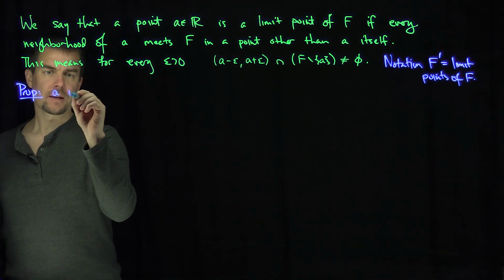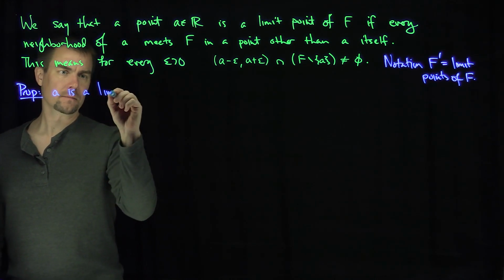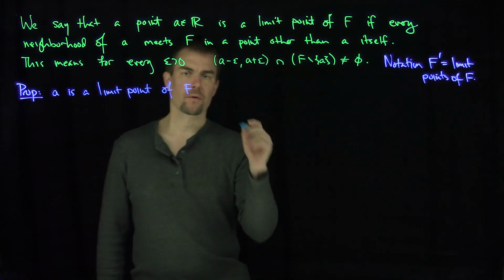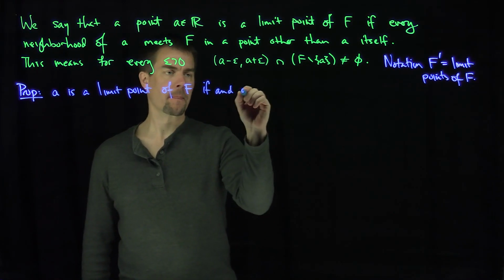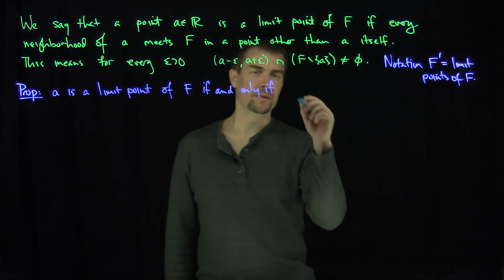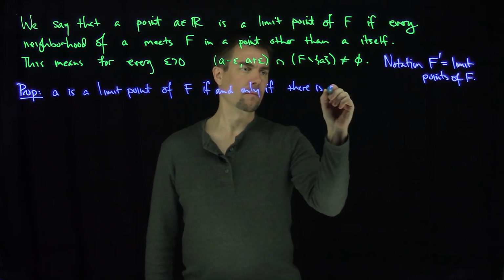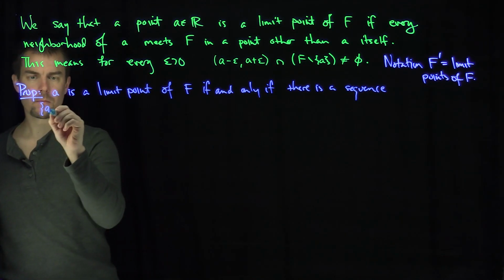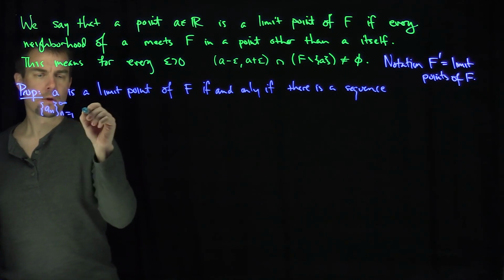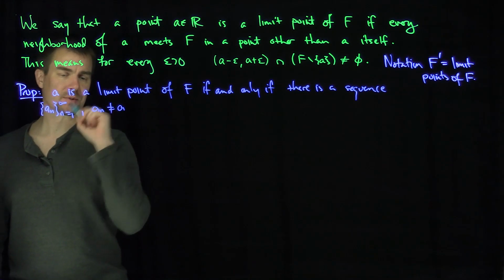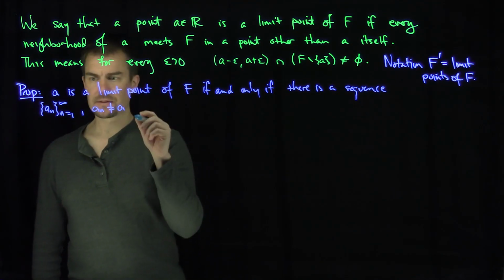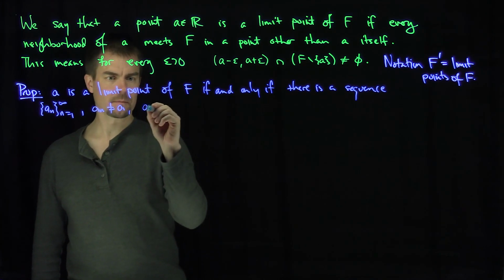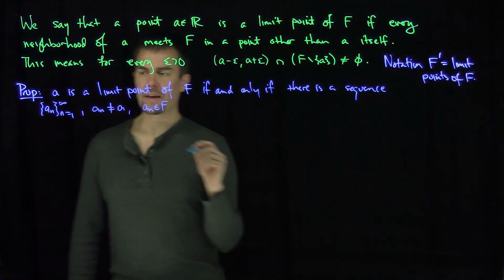A is a limit point of F if and only if there's a sequence a_n, with the condition that none of the terms in the sequence are equal to A themselves, and these points a_n are in F, and a_n converges to A.